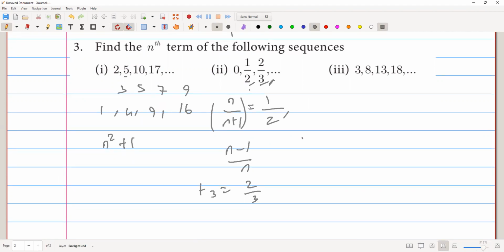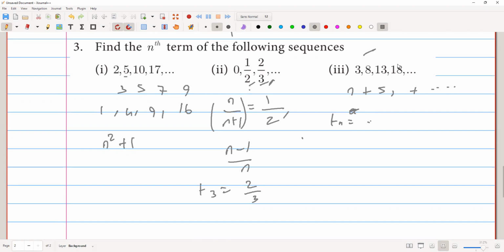Nth term of the following: it is plus 5 each time, 3, 8, 13. There is a formula, Tn equal to a plus n minus 1 into d.